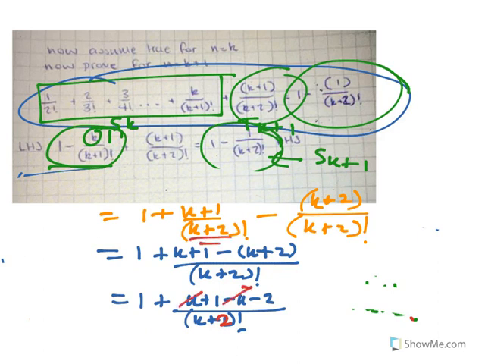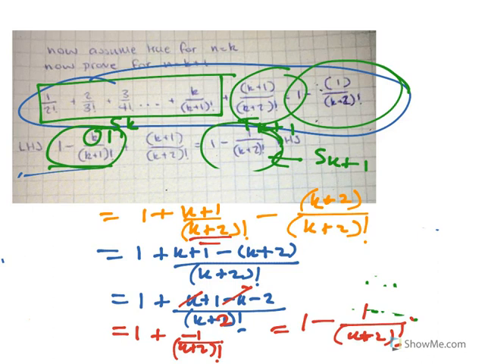The k's will cancel out, and you get 1 plus minus 1 on k plus 2 factorial. And if you look at that, that's 1 minus 1 over k plus 2 factorial, and that's your prize, so that equals the right-hand side.